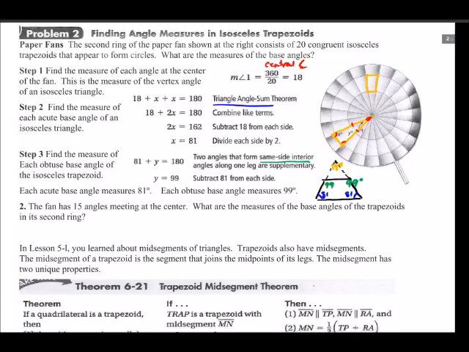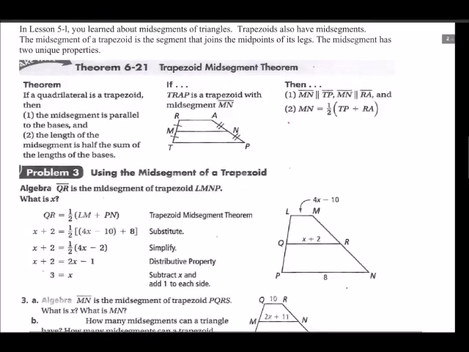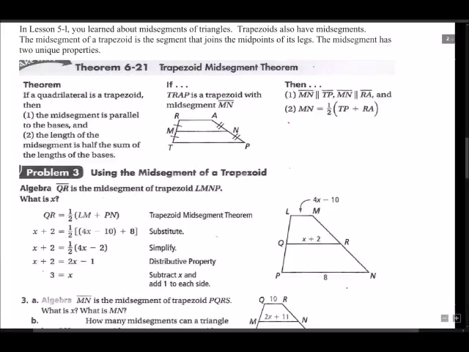So some useful things with isosceles trapezoids. I think we'll skip the next problem. It's exactly what that one was, only with 15 angles. So we'll just skip that one. We'll go on to our next theorem here. And this is the trapezoid mid-segment theorem. Do you remember this? We've seen something very much like this before. What was it?